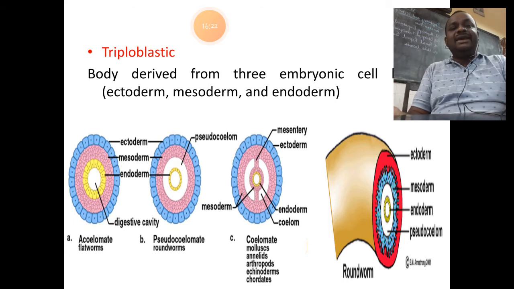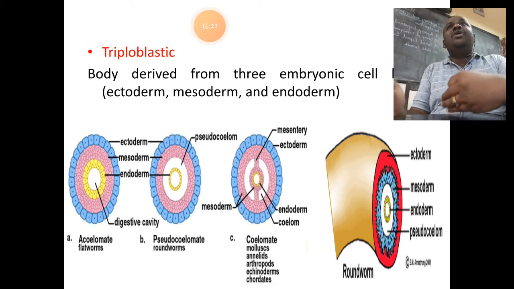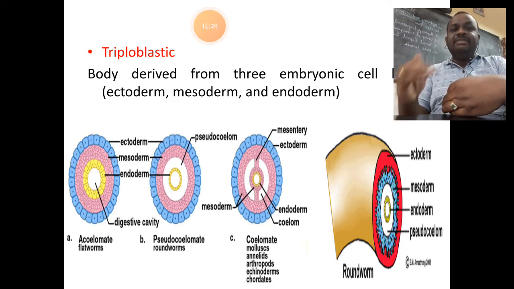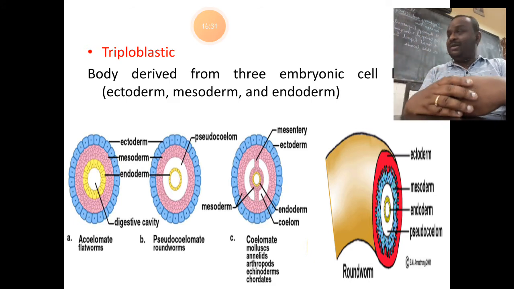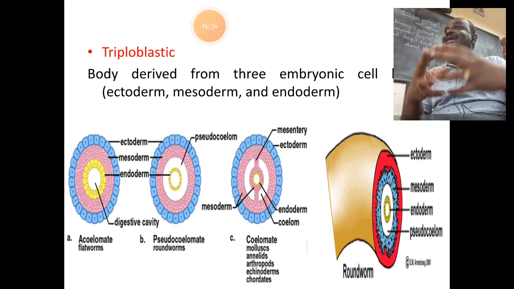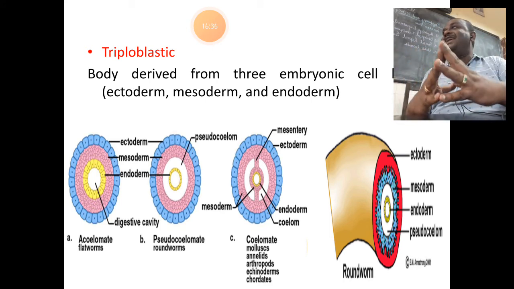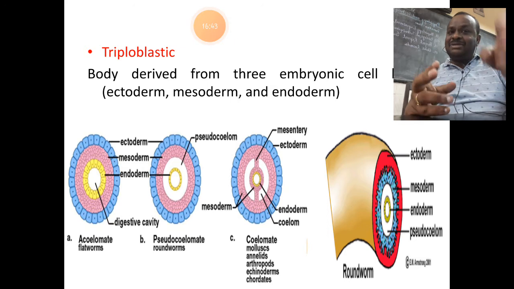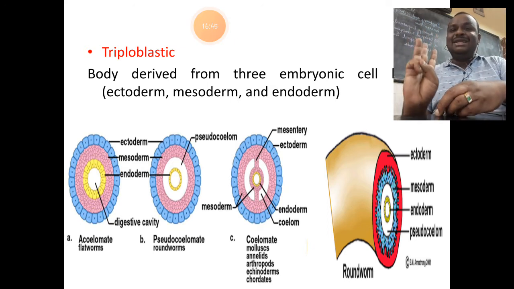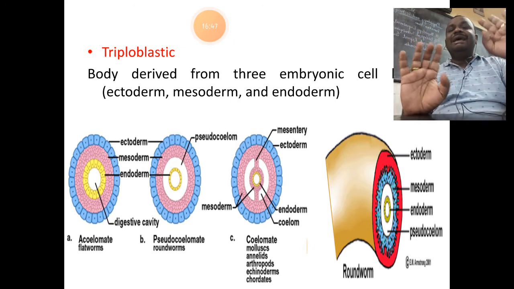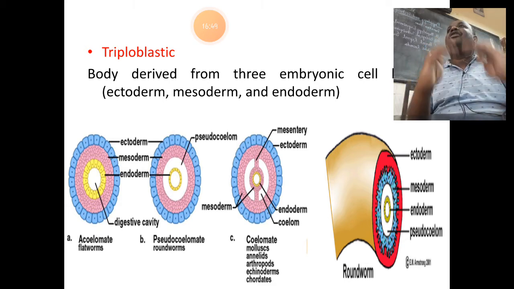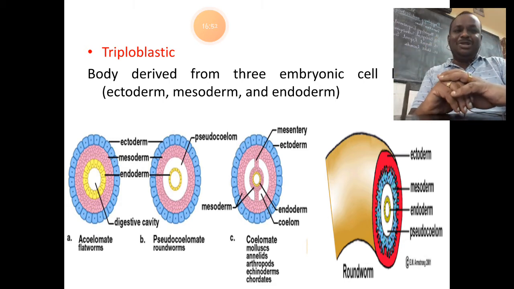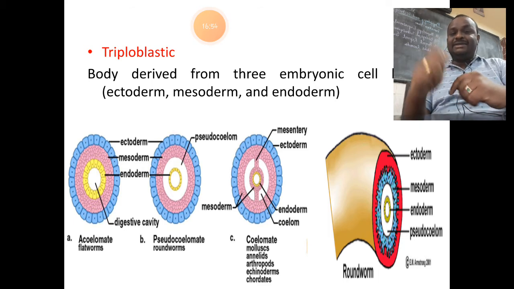In nematodes, the three germ layers during the embryonic stages are involved in the formation of the overall body, and such a body is referred to as a triploblastic condition. Tri, or triplo, means 3, and blasto refers to germ layers. Three germ layers are involved in the formation of the body of nematodes, hence it is called the triploblastic condition.